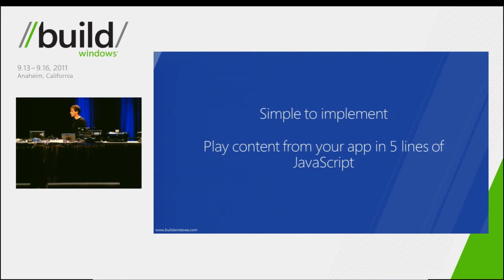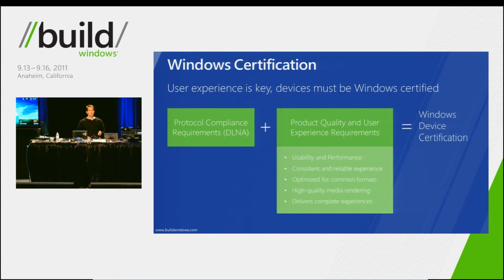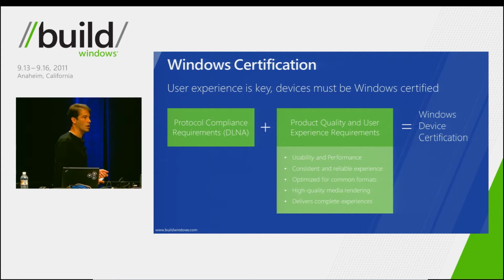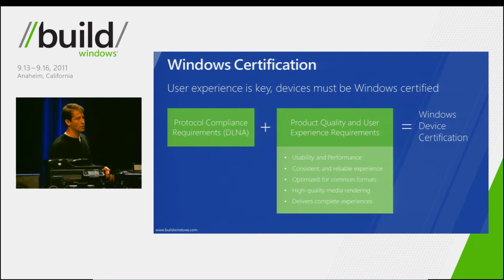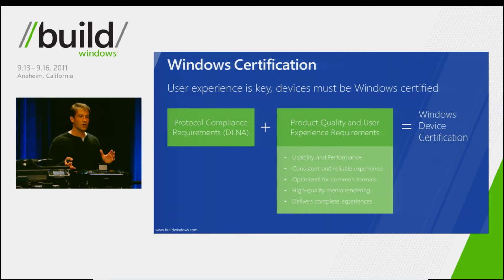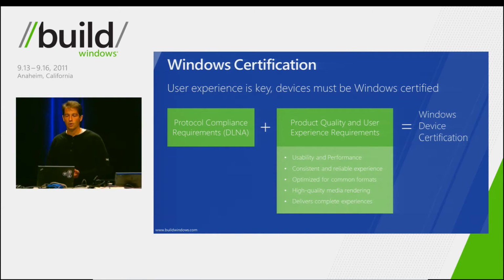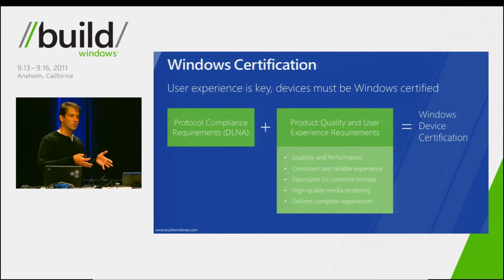to connected devices. Windows certification is key here, because one of the things that we noticed in Windows 7 was that we used the DLNA certification to make sure that devices could connect and we could use it with Windows 7. However, we noticed that sometimes devices didn't always behave the same way. And so we really wanted to focus on the user experience, and this is something that you'll see across all of Windows 8, and hopefully you've seen to date, is that we really focused on trying to make sure that the user experience was as crisp and as clean and seamless as possible.